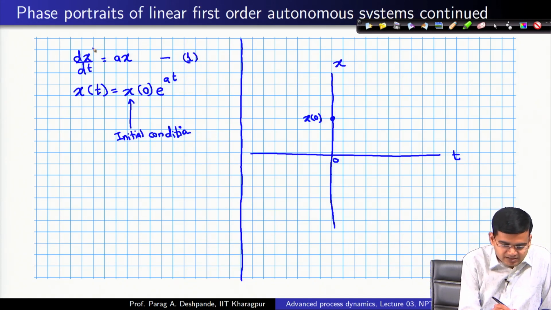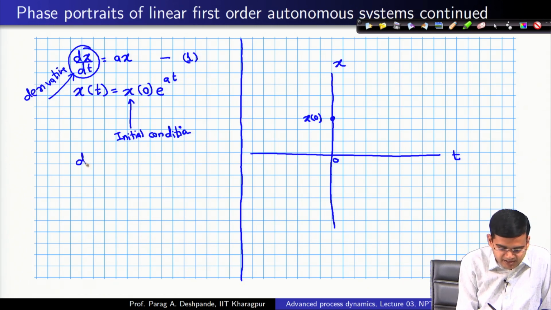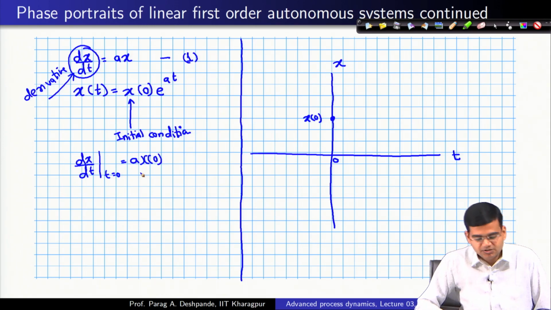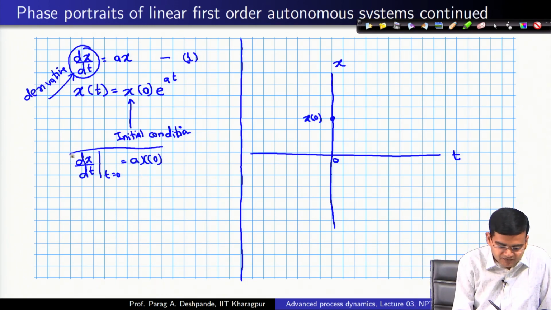Equation 1 gives me the derivative. Okay. So, I can determine dx by dt at t is equal to 0, which will be equal to a of x 0, and x 0 is known. So, therefore, my derivative is known.